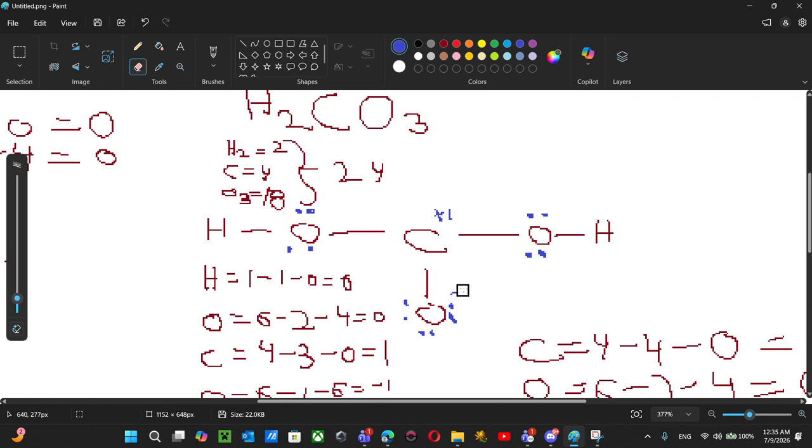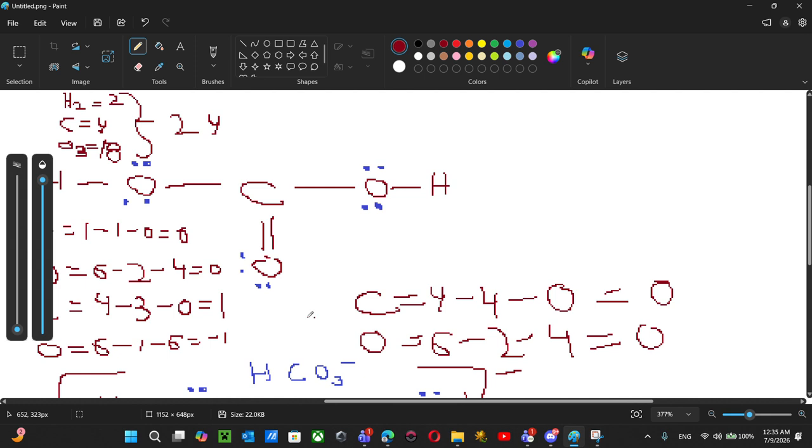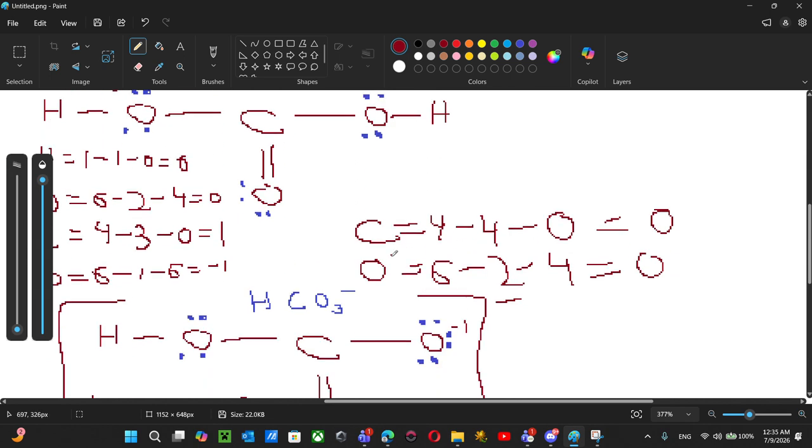That means the negative 1, that's a pair of electrons, and it gives it to itself and the carbon. So you just redo the calculation for the carbon and this oxygen. So 4 minus 4 minus 0 is 0. 6 minus 2 bonds minus 4 lone electrons is 0.